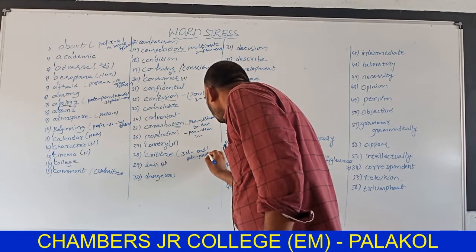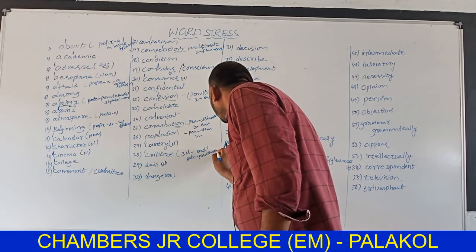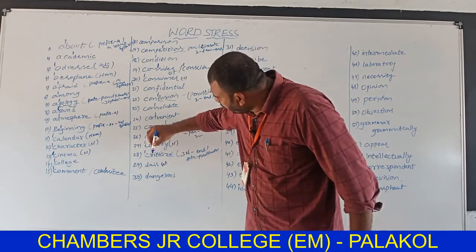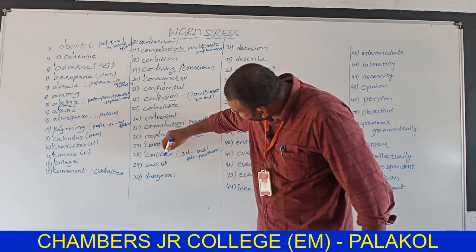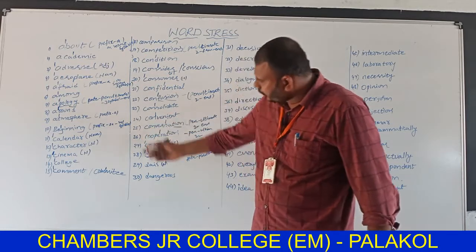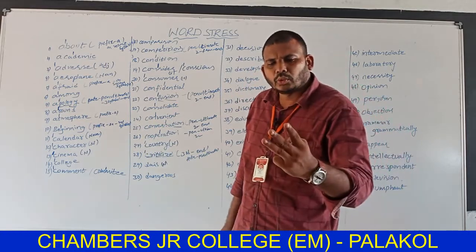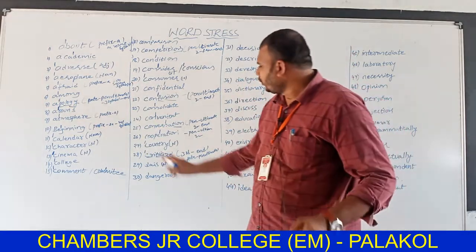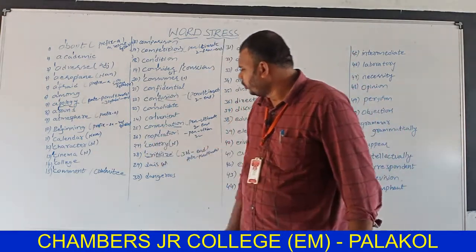Got it? So here, criticize: SIZE is one syllable, TI is one syllable, CRI is one syllable. As it is a trisyllabic word, the antepenultimate is the first syllable. That's why you put stress on the C.